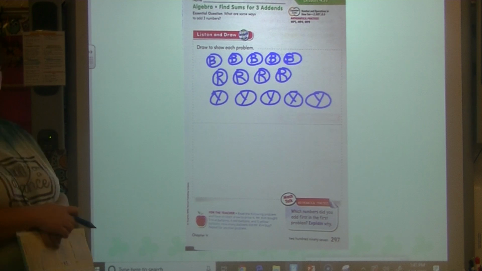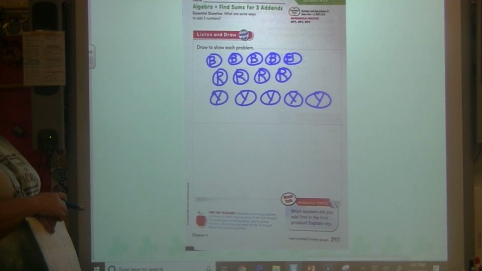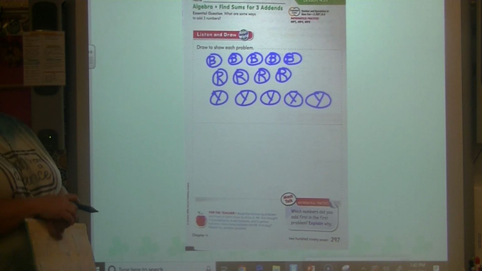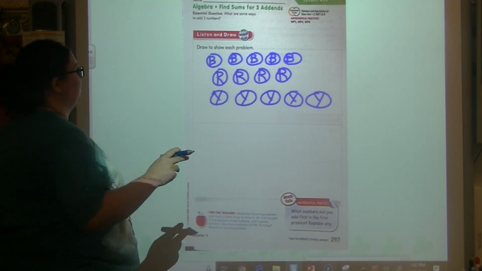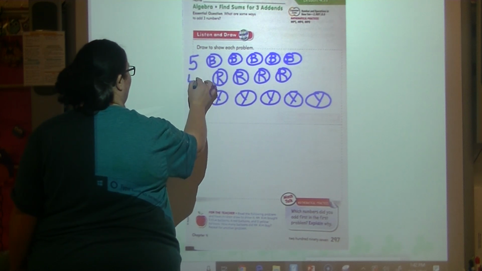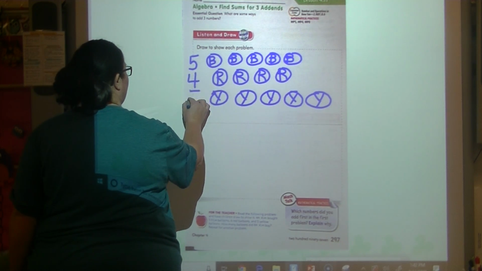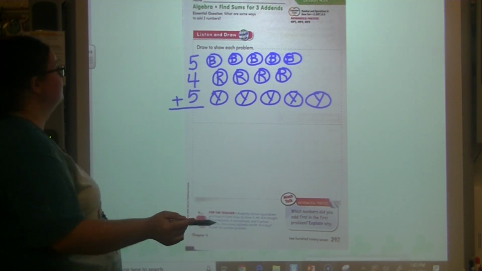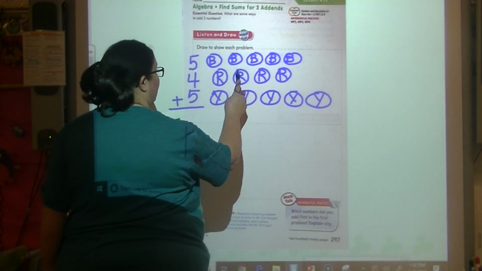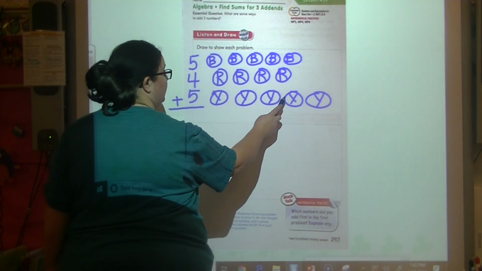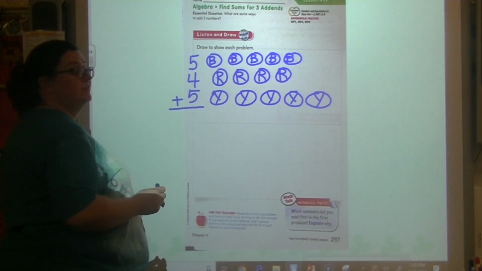So how many in all? That means we have to do what? Add or put it together. All right, so we have 5 plus 4 plus 5. All right, let's count them first. 5, 6, 7, 8, 9, 10, 11, 12, 13, 14.